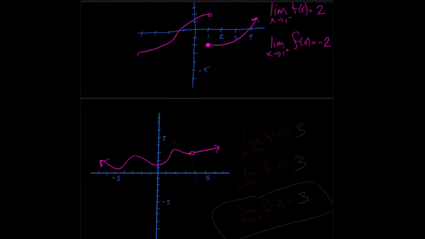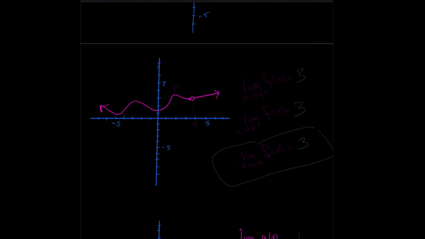So let's look at this example. Here we all know what function it is. We're just going to call it some function f. So whatever f is here, we can see that it's approaching 4 from the left and the right. And for both of those, it's at a height of 3.